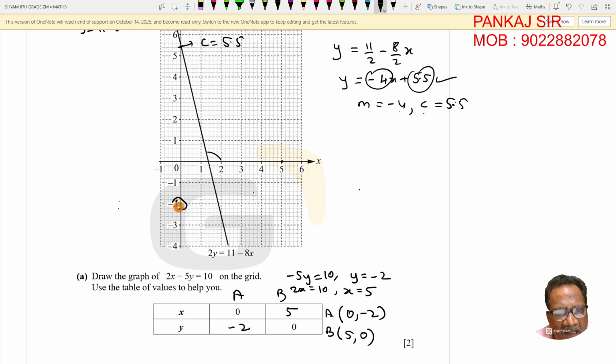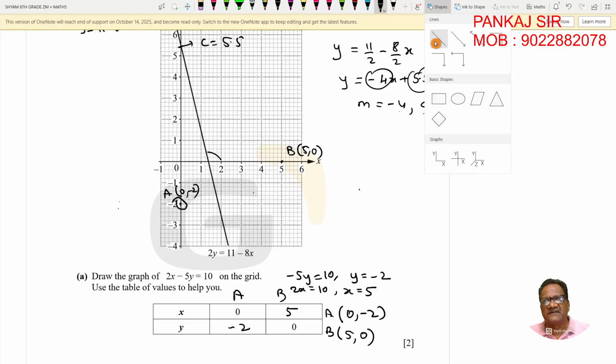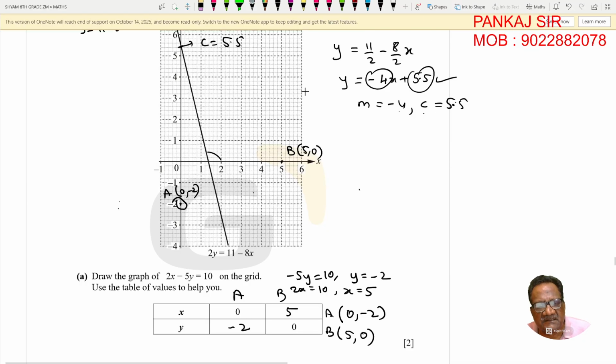So 0 comma minus 2 is this point I'm getting. This is my A point, and B point is 5 comma 0, so 5 comma 0 is this point. This is my B, and this is my A, which is 0 comma minus 2. So the graph will be the line joining these 2 points. So let me go for that.